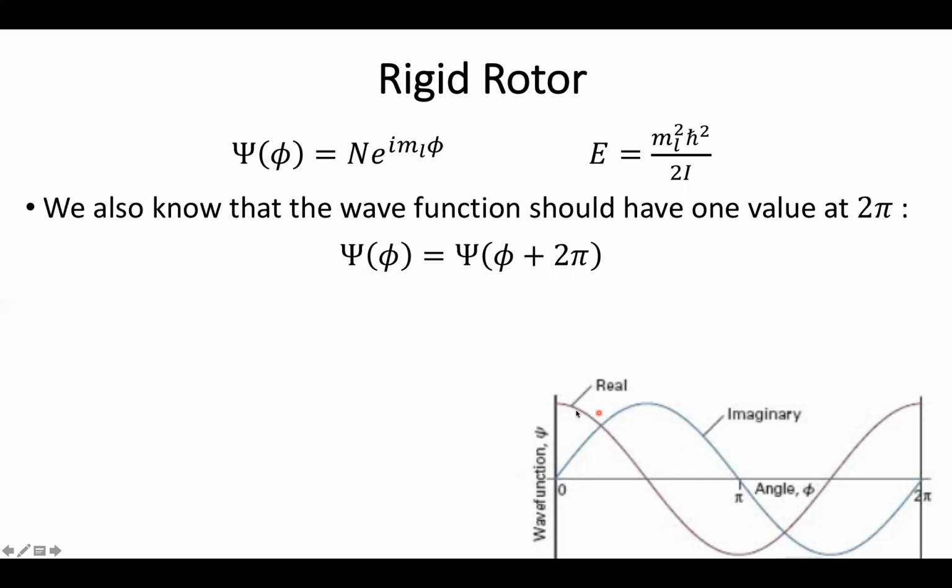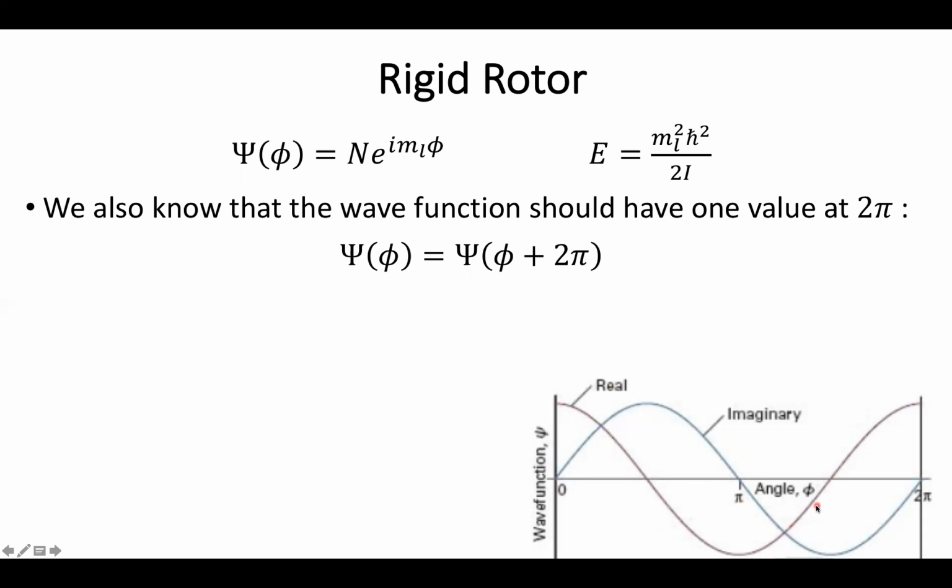And this should be true for both my real and my imaginary part, because as a reminder, using Euler's equation, we can go ahead and break this exponential down into a cosine and sine function with a real and imaginary function. So real cosine, imaginary sine. And this is going to give us a rotating behavior.